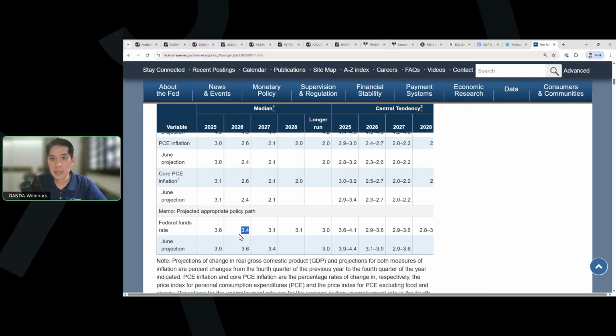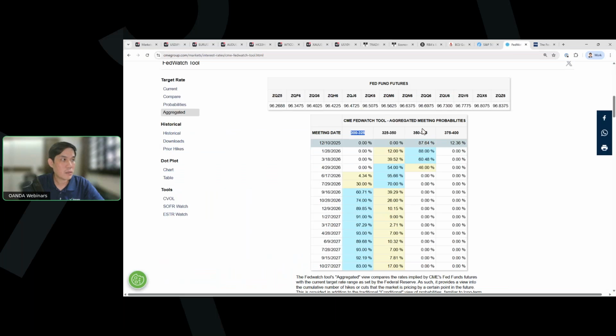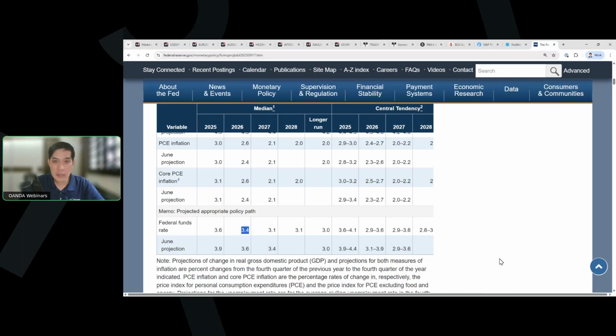So this 3.4% is likely to be reduced lower, but how low will it be reduced? If it comes in within market expectation of 3% to 3.25%, more or less, it is actually a signal that the Fed will continue its interest rate cut cycle going forward into 2026.